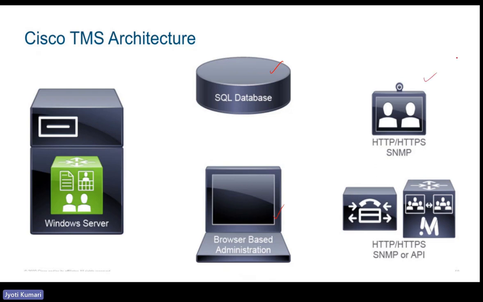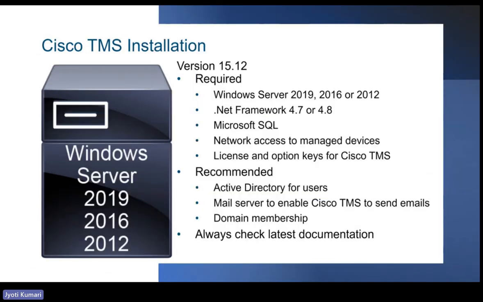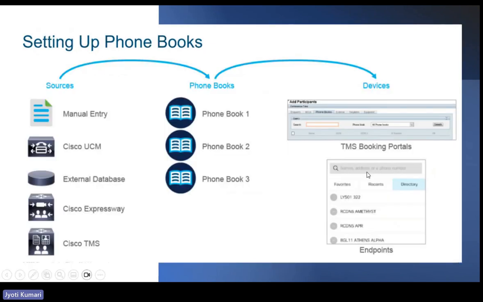It supports HTTP and HTTPS communication with the endpoints and with the other systems, UCM and CMS, using HTTP, HTTPS, SNMP, or APIs for control. For TMS installation, version 15.12 requires Windows Server 2019, 16, or 12, .NET Framework, Microsoft SQL, network access to management devices, and license and option keys.